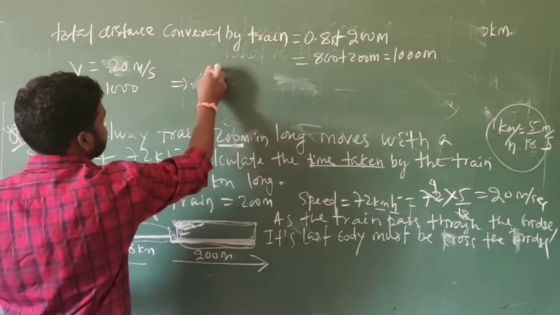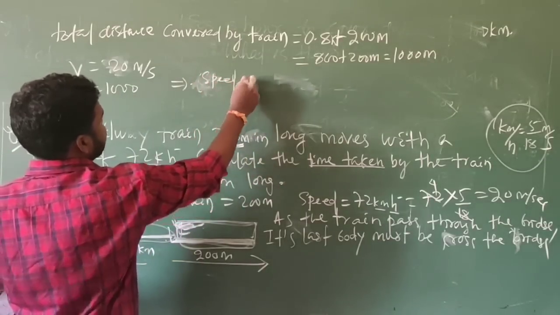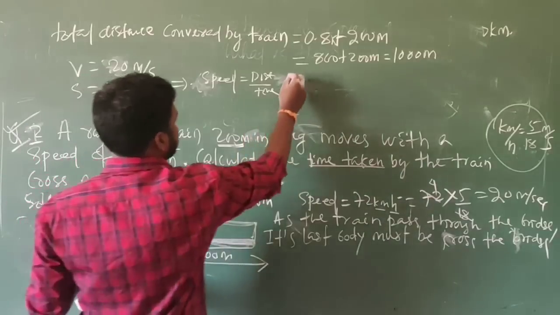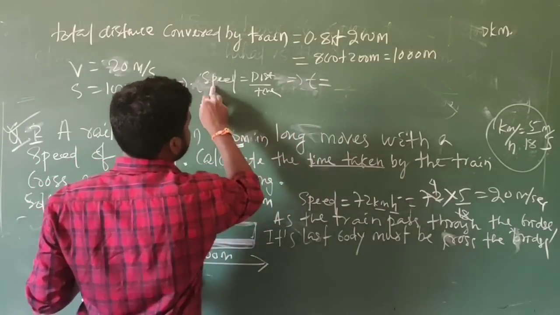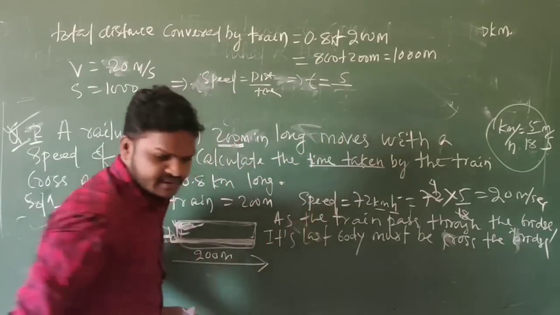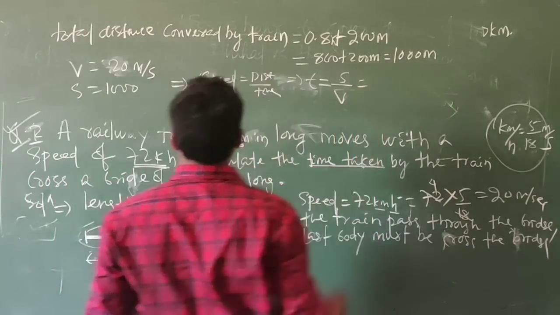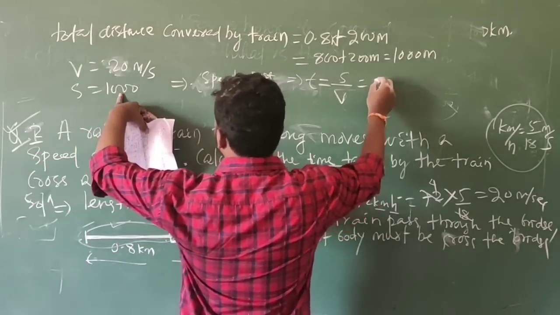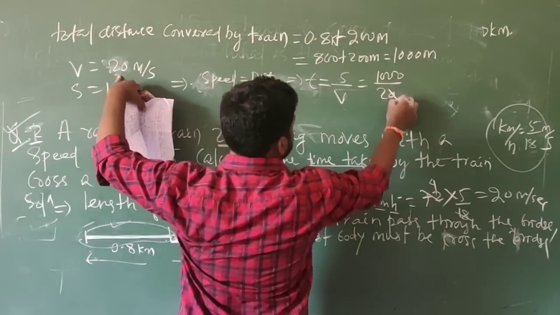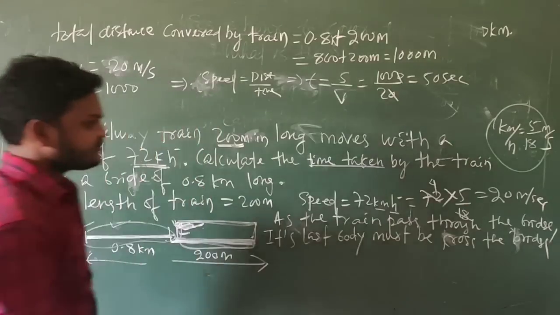We know that speed equals distance upon time, so time equals distance upon speed. Distance 1000 upon speed 20 means time is 50 seconds.